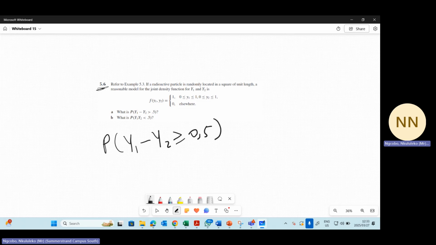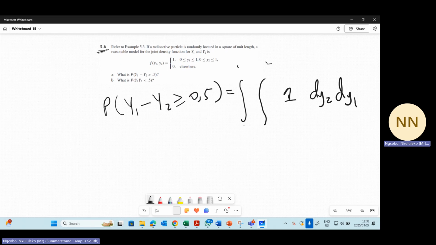Greater than or greater than or equal to is still the same thing. Now, to do this, I know that I need to do a double integration of my density function f of y, which is this 1, dy2 dy1. Then how do I find these intervals?